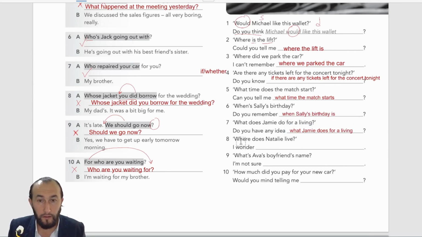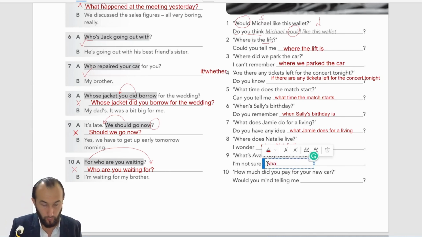And number eight, where does Natalie live? So, I wonder where Natalie lives. Where Natalie lives. Because Natalie is she, and in the present simple, we say she lives, right? Normal sentence structure. Number nine, what's Ava's boyfriend's name? So, I'm not sure what.